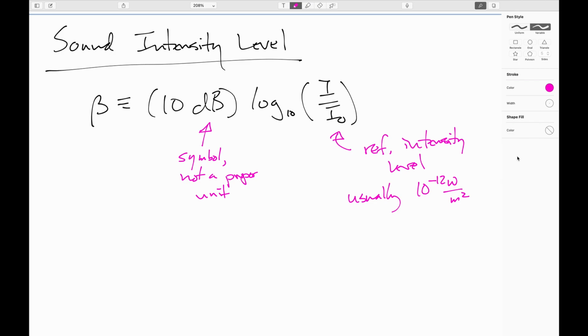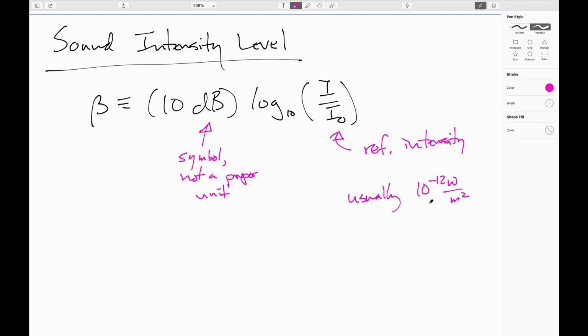And what this is, if you take young people who haven't heard very many loud sounds in their life and you put them in those soundproof rooms, and you start playing very, very quiet noises, and you ask them to raise their finger when they think they might have heard something, the average intensity where they raise their finger will be around this 10 to the negative 12 watts per square meter.